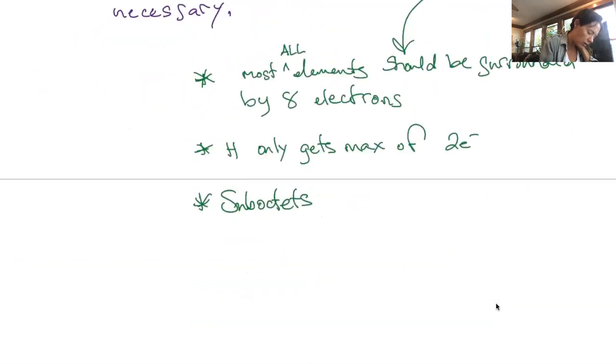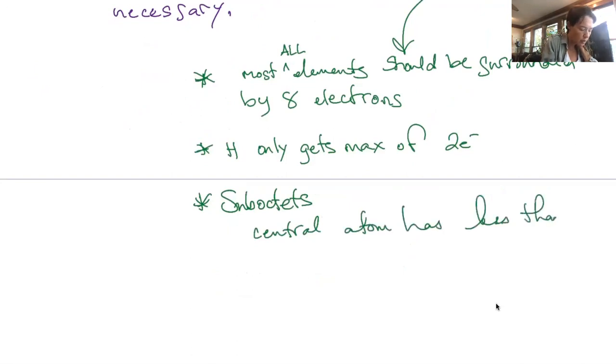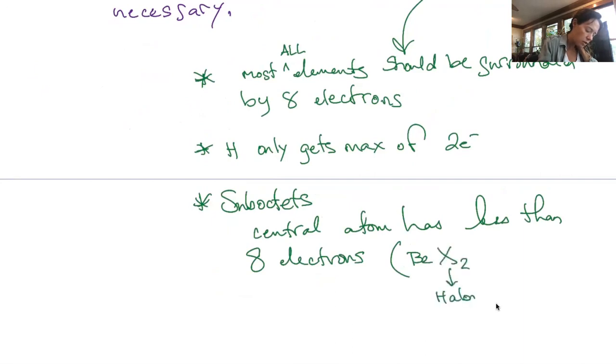And that's where the central atom has less than 8 electrons. And that's typically, guys, your BeX2. This is often a halogen.